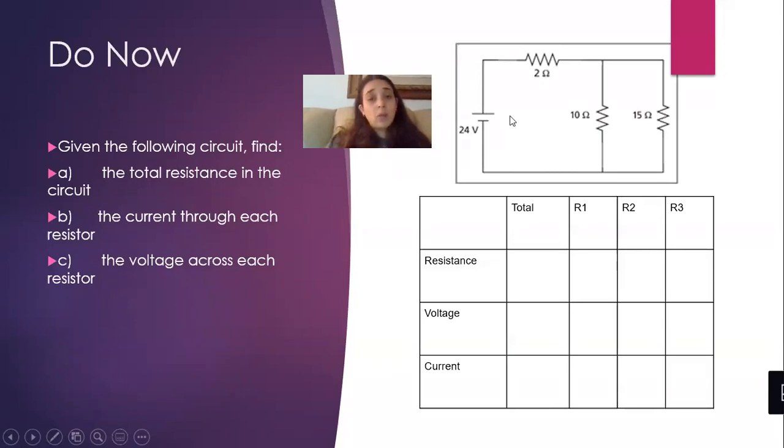It would be helpful if you have either your notes or your classwork document from yesterday open so you can refer to the relationships between voltage, current, and resistance in both the series and parallel circuit, because this is now a complex circuit that has both scenarios in one. Take the next 5 minutes to solve this problem, and once you're ready, you can come back and we'll go over it together. Okay, so you can press pause now.